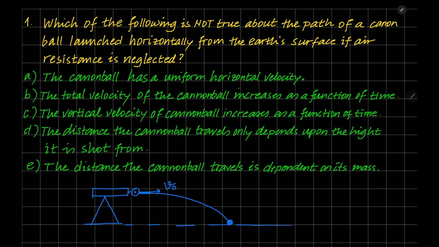Choice A, the cannonball has a uniform horizontal velocity. Since it's projected horizontally, the vertical component of the velocity is 0, and the horizontal component of the velocity is equal to the initial velocity and it's always constant along the motion.